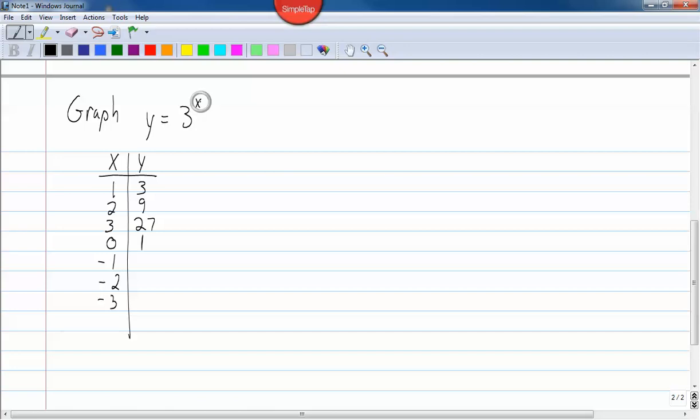If I plug in a -1, then I have y equals 3 to the -1 power. The way that you make that power positive is by moving it to the denominator. So that's 1 over 3 to the first power. That would make the power positive. So when you plug in a -1, you get out a 1/3. Alright, what happens when I plug in a -2?